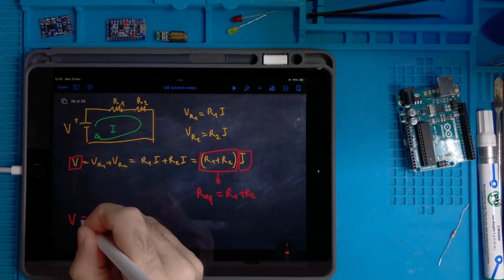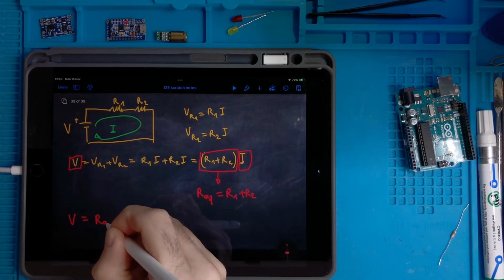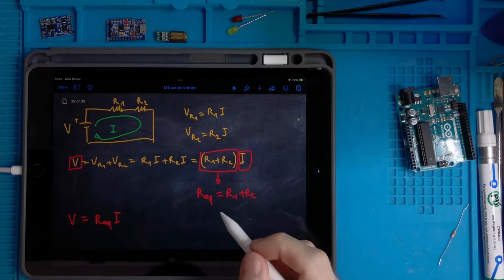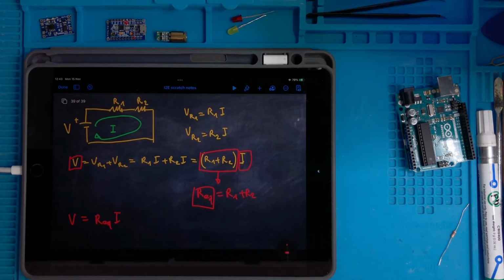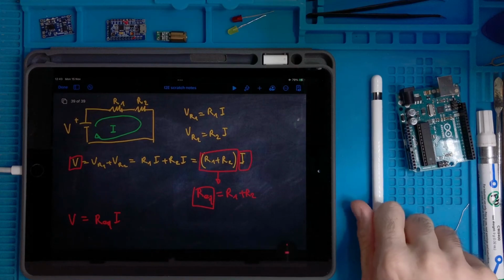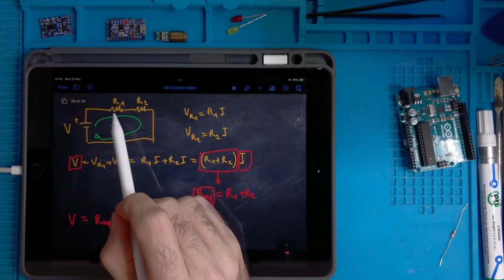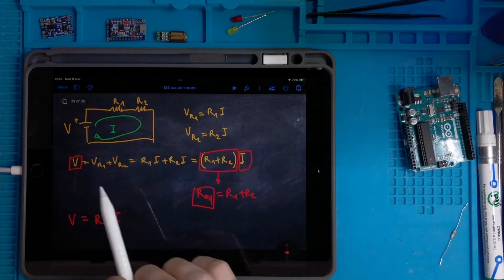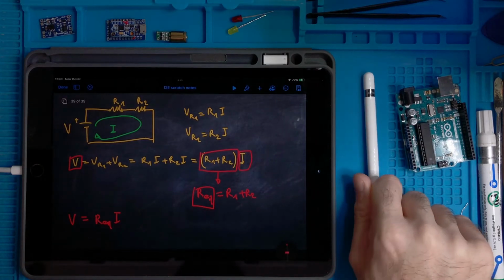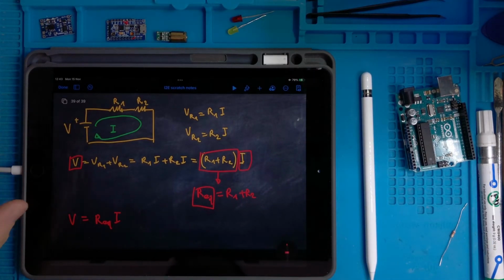So for this circuit, V equals R equivalent I. And then we found that the equivalent resistor of a series of resistors is just the summation of the two values. So we can substitute those two resistors for a resistor having this value, and the battery will not understand we did this modification from its point of view.